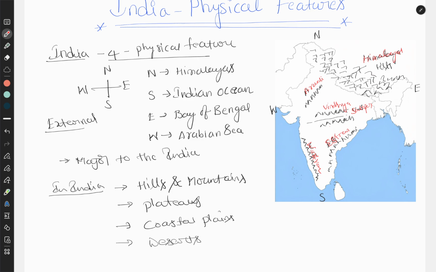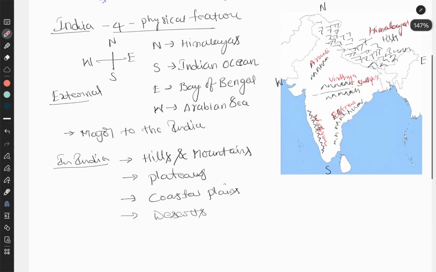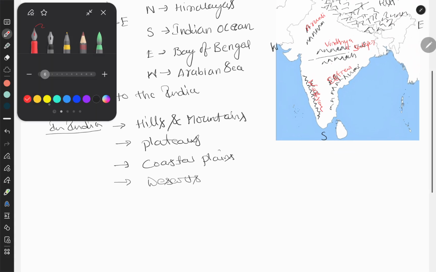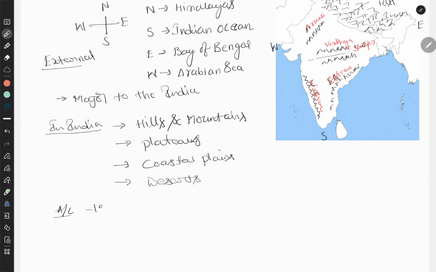According to 1971 statistics, the total India area is 329 million hectares.